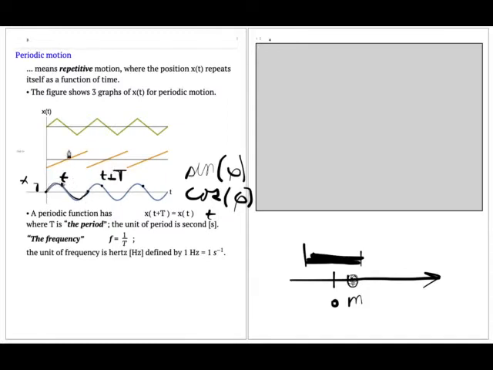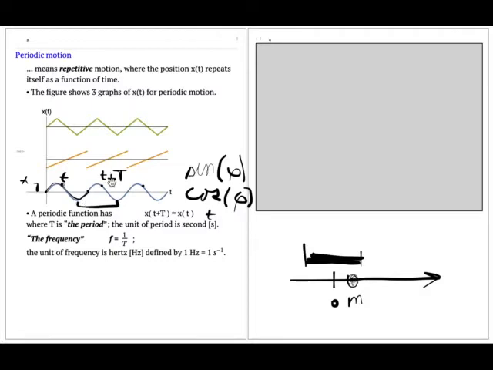Or maybe it's a little easier to visualize if you don't go between these points where the particle is in equilibrium. Think of going from a trough or a crest to the next trough or the next crest.